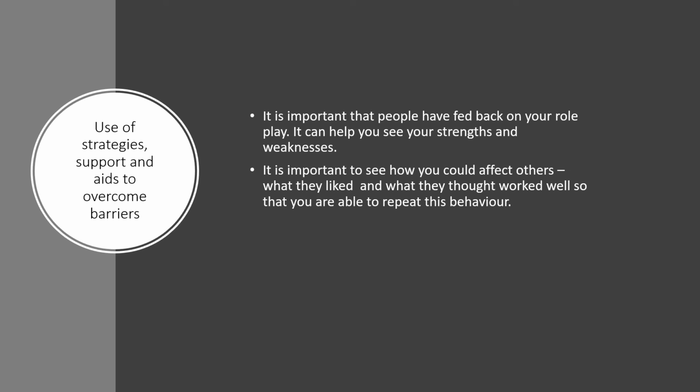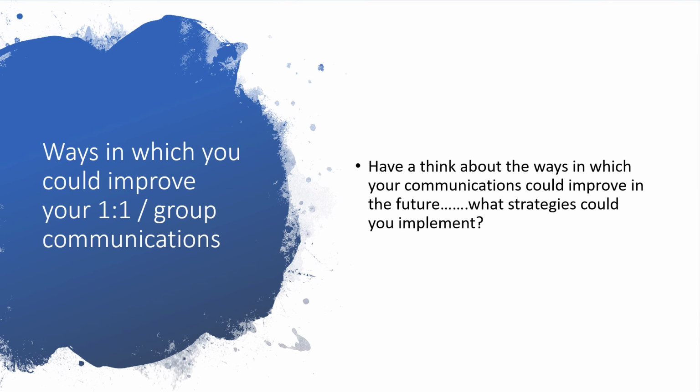Otherwise, if you're not looking at someone, it could come across that you're being rude or disrespectful. So highlighting that earlier can give you the opportunity to improve upon it so that you don't repeat it in real life. Have a think about the ways in which your communications could improve in the future.